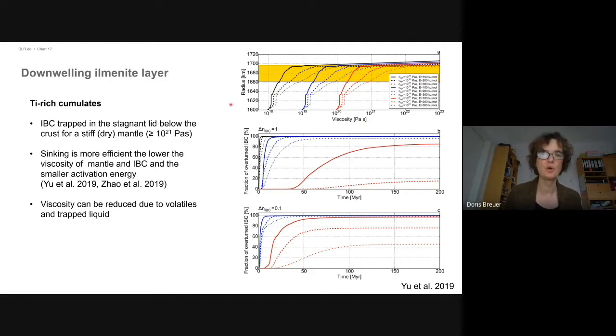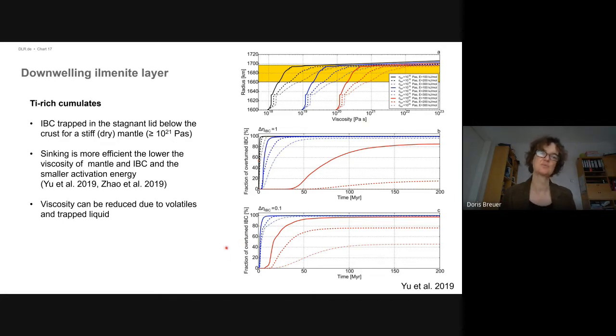But for lower viscosities, it is possible, as you see here for the red case where we have a reference viscosity of 10 to the power of 20, that part of the IBC can sink into the interior, and for very low viscosity, basically everything sinks into the interior. Here are two different cases: in this case, the IBC layer has the same rheology as the mantle material.